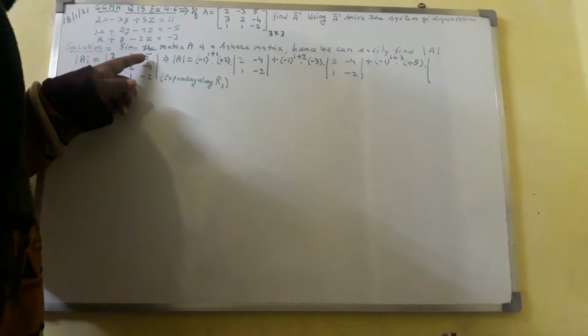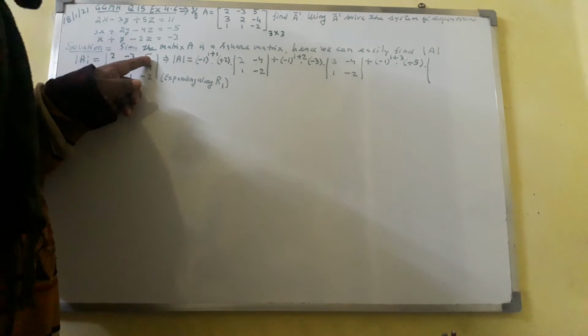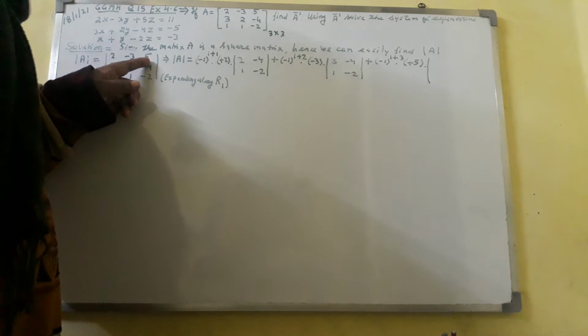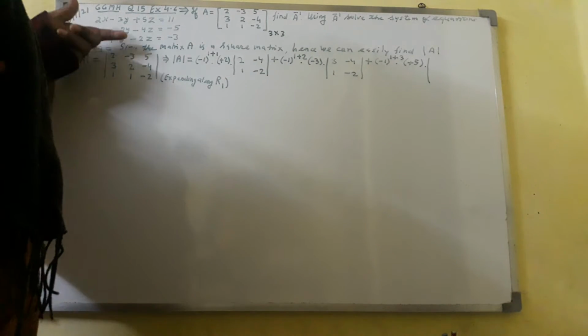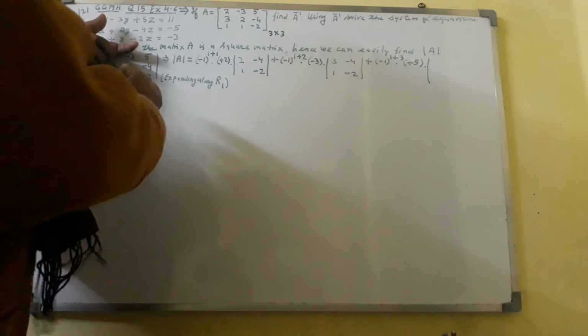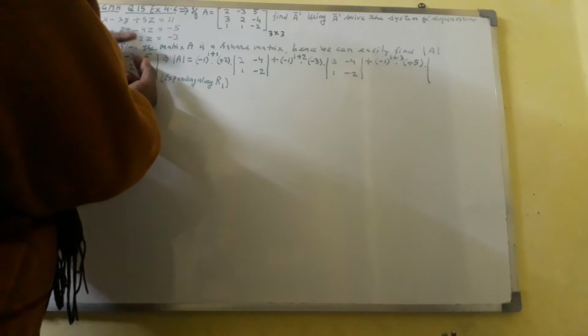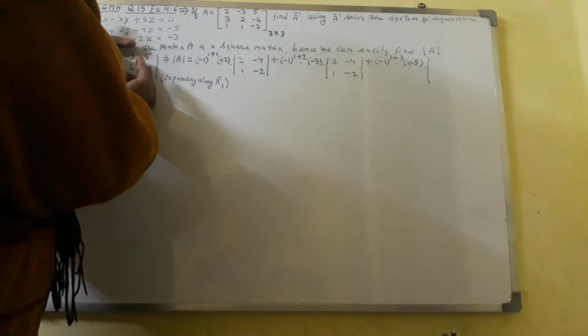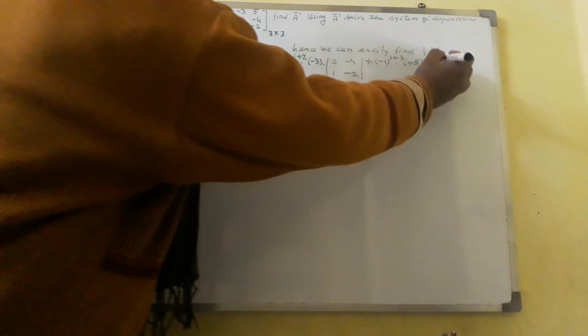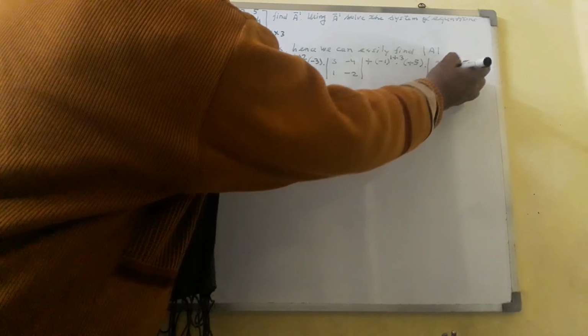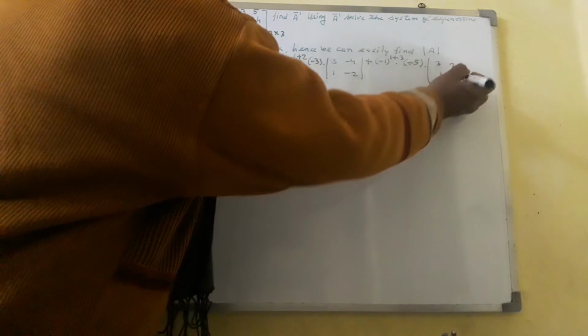Now take out the minor of plus 5. 5 is there in first row and third column, so first row and third column will be hidden. We will get the minor of plus 5 as 3, 2, 1, 1. So here write 3, 2, 1, 1.